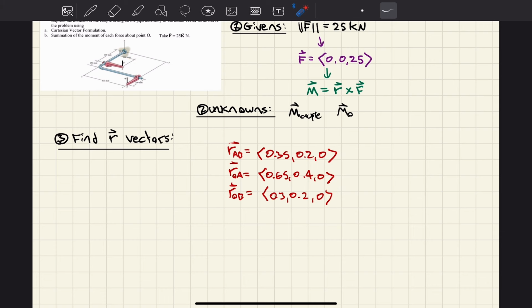Perfect. Now we're going to go the couple moment route, basically doing part A, but I'm not going to say that. I'm going to say find couple moment vector. And how do we do that?